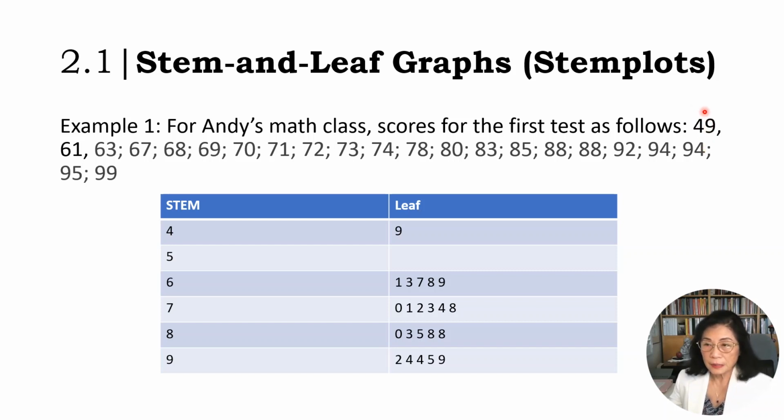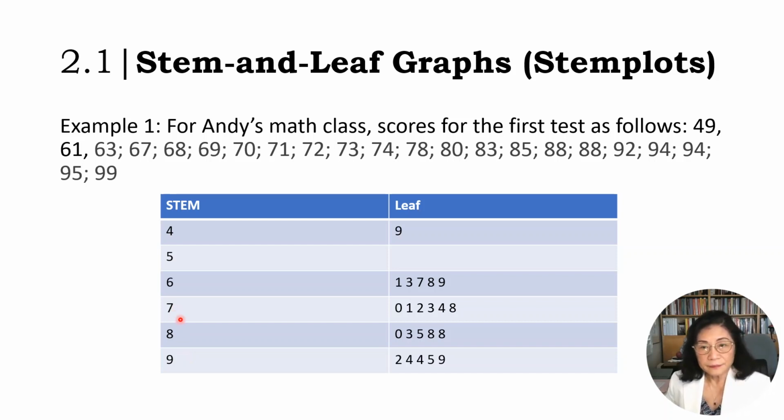Separate the units digit to the right and the tens digit to the left as the stem. So put number 4 as the first number to start with. Then write out 4, 5, 6, 7, 8, 9 until the last number 9.